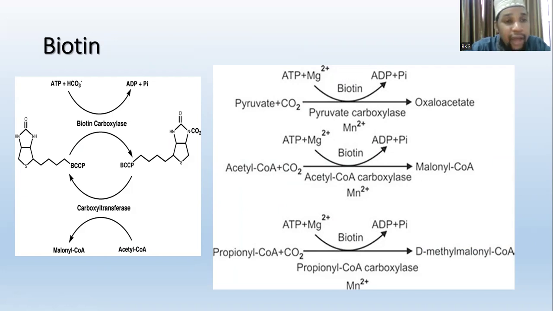Here you have an enzyme called biotin carboxylase. It will take the carboxyl group and attach it to biotin. And we can see the N, the nitrogenous group here. When this biotin carboxylase uses energy in the form of ATP to attach a carboxyl group to this, then you have a carboxylated biotin here.